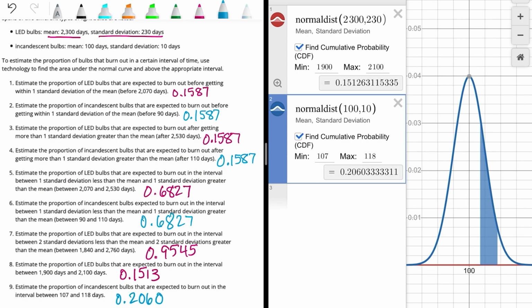So a little over 20% of the bulbs should burn out somewhere between 107 days and 118 days. So that's how you can use Desmos to help you find the proportions, whether you know how many standard deviations or not.